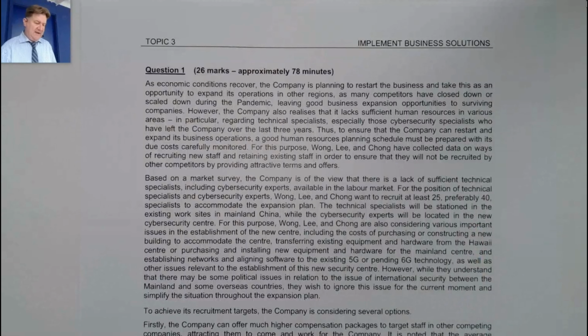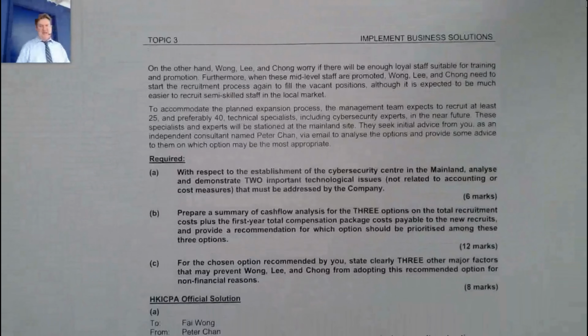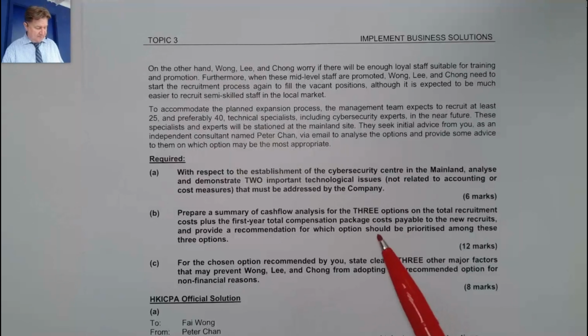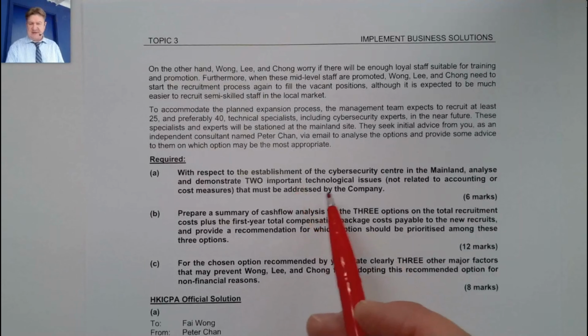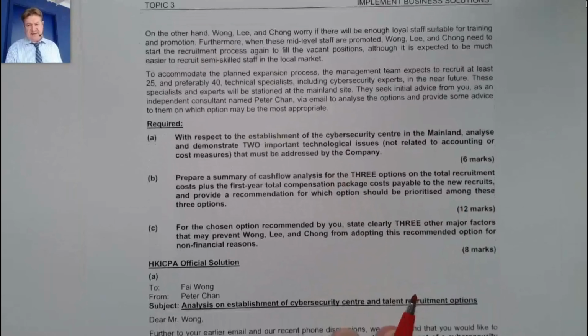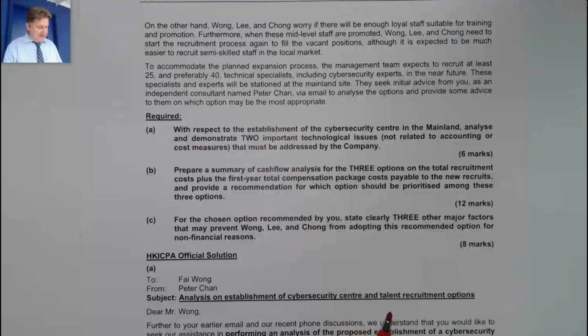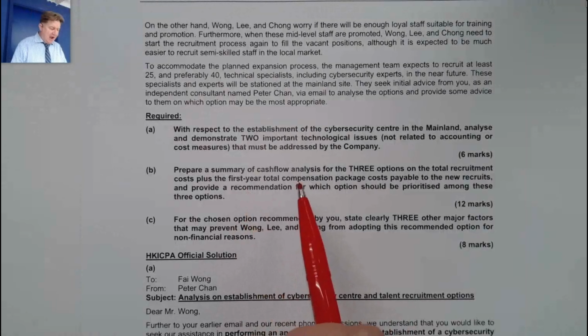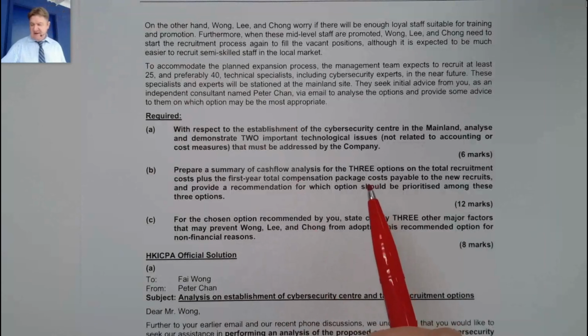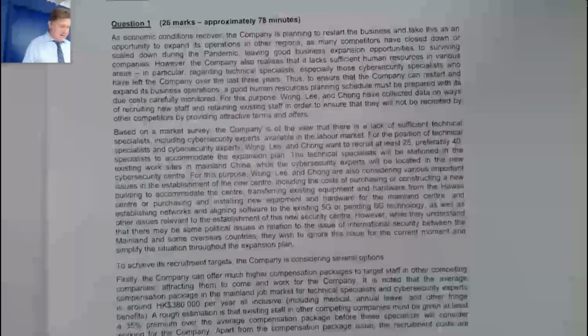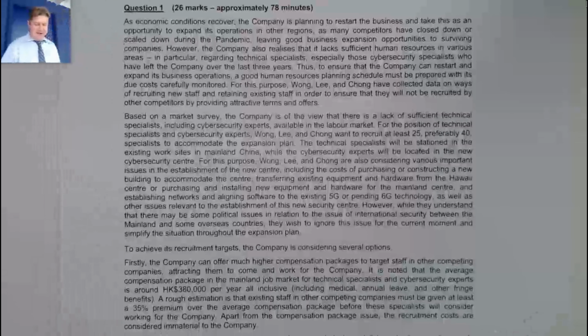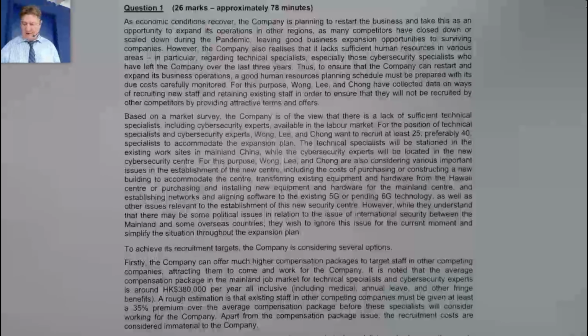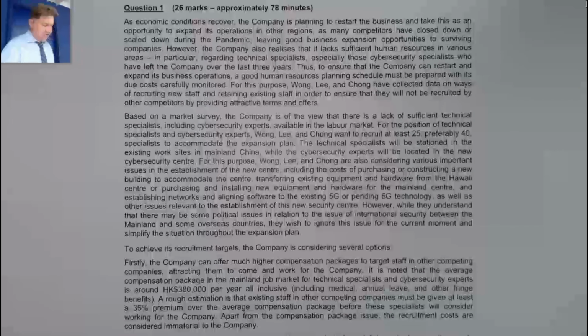And then in the written requirements, A, we're not going to spend time on. This was related to technological issues. Look, it's this B and C. B was asking you for a cash flow analysis. So back in the written questions earlier, you can see we're being given a number of options, choices here.